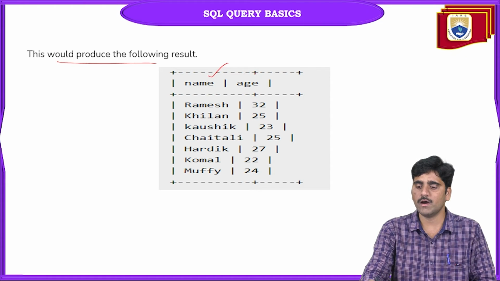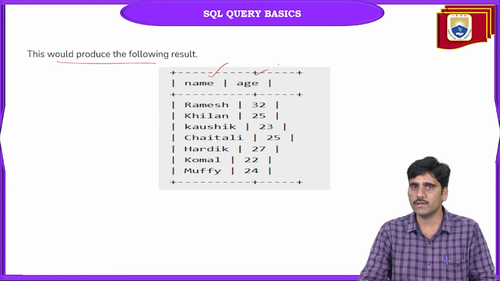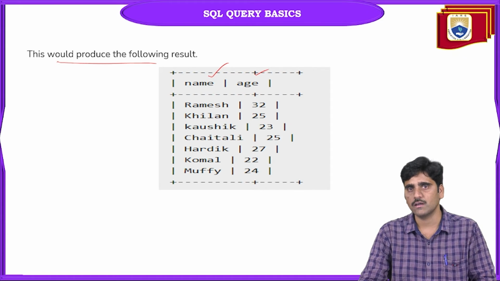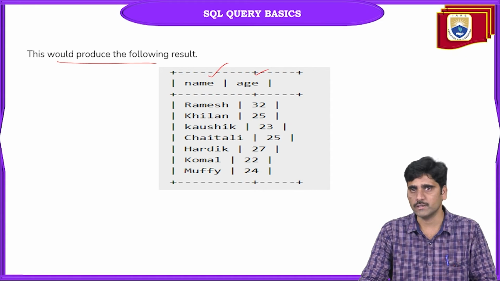Name and age: we have taken only these two fields, so with these two fields the view is displayed here. This is the way you can create a view based on particular fields and display the values.